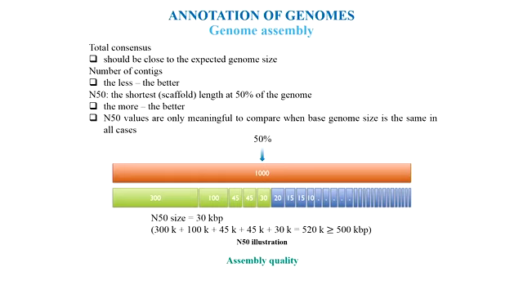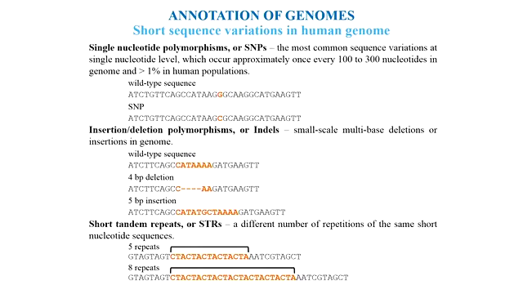In this case, the N50 is the shortest scaffold at 50% of the genomic size, as shown at the bottom of this slide.